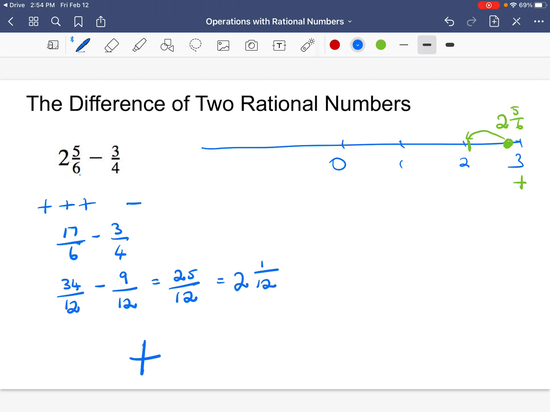It's equivalent to 2 and 1/12, and it's positive, which I can see on the number line, and I can also see here that I expected my difference to be positive.